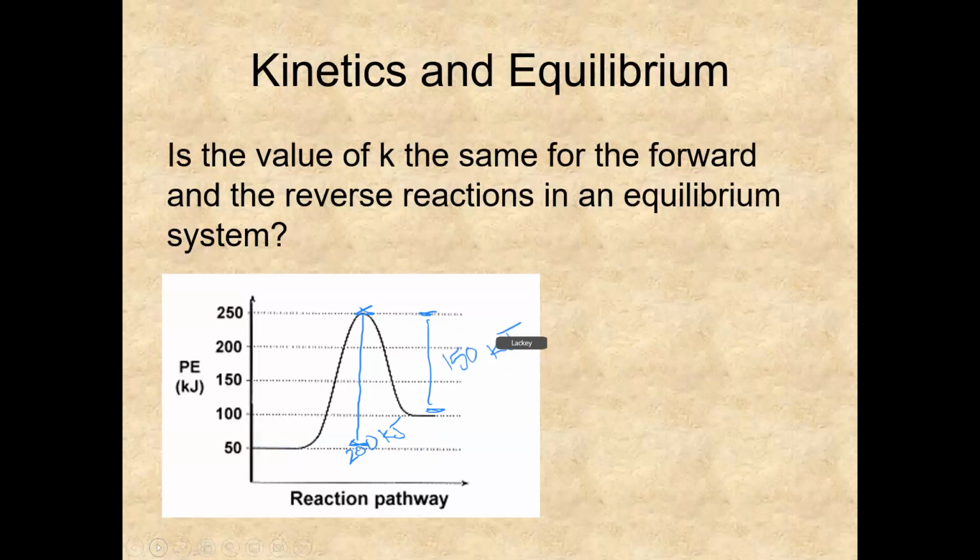So based off of knowing that they have different activation energies, it is possible that one of these is going to occur faster than the other. So that is what we can come across. You're likely going to have different K values for the forward and reverse reaction, simply because those activation energies are different.